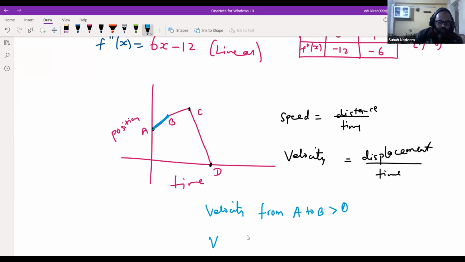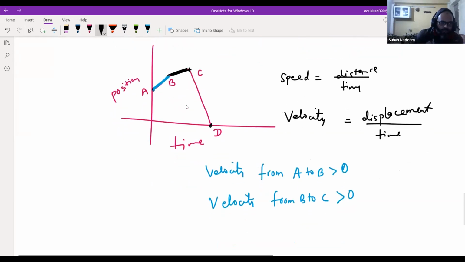Then velocity from B to C is also positive, because the tangent there has positive slope, but this slope is less than that.